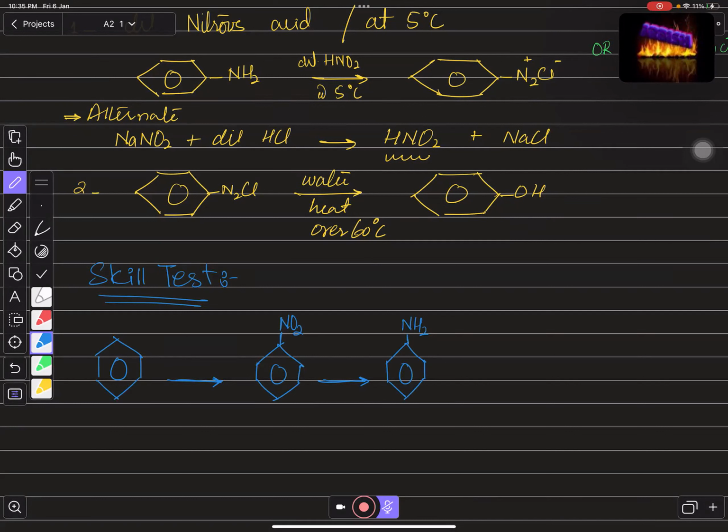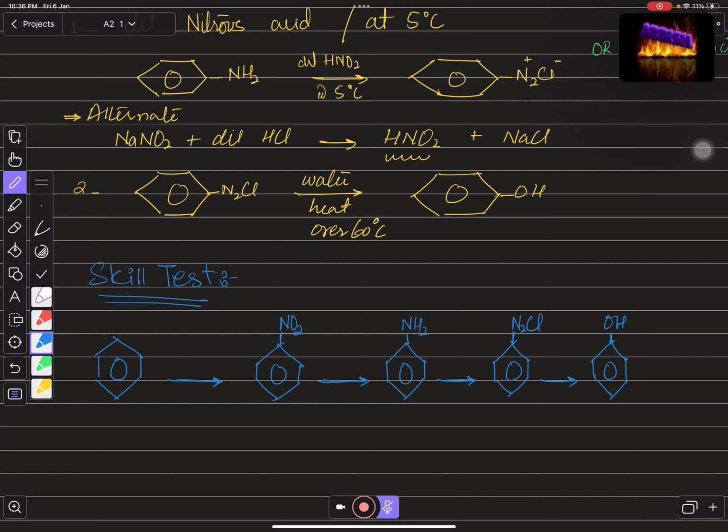Once the phenylamine is formed, we can convert this phenylamine into diazonium salt. And once the diazonium salt is formed, we can convert this into a phenol, right?